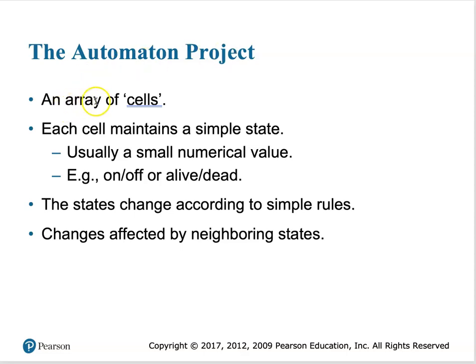So we have an array of cells, and the cell is either on or off, and we're going to change that state on the basis of simple rules, and we want these changes to be determined by neighboring cells so that eventually the cells will grow out.